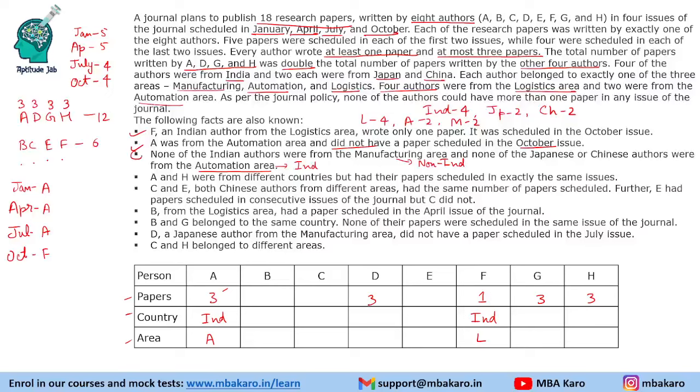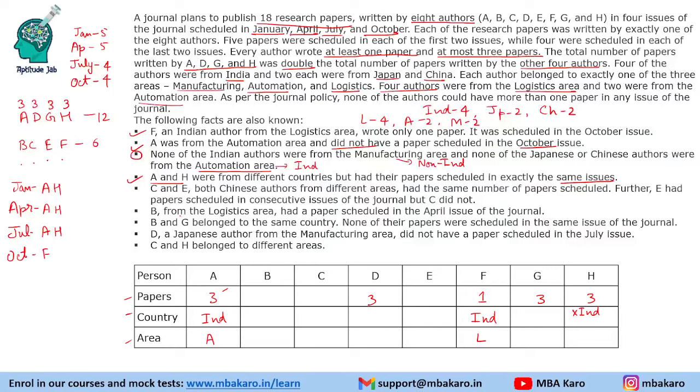So this information will be valuable later on as well. A and H were from different countries but had their papers scheduled in exactly the same issues. A and H, different countries, so H is not India, and H and A have papers in the same issues. So H will also have papers in January, April, and July issues.